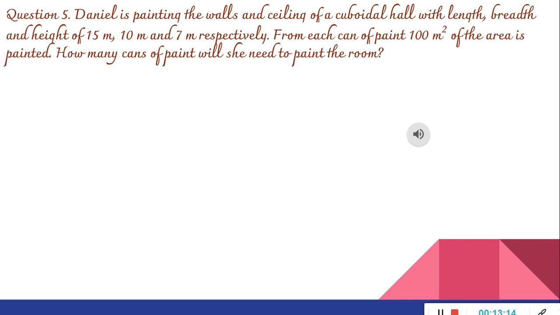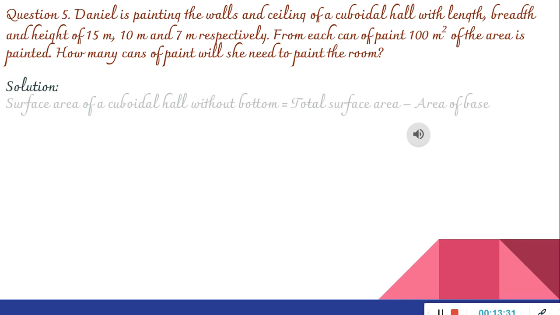So here, what do we want to find? We want to find the number of cans. And one more thing is given. Each can paints 100 meter square area. Right? And the measurement is also given. The length, breadth and height is 15 meter, 10 meter and 7 meter respectively.